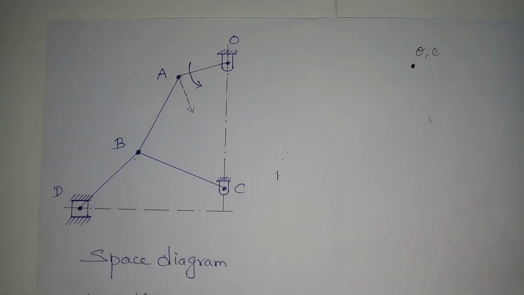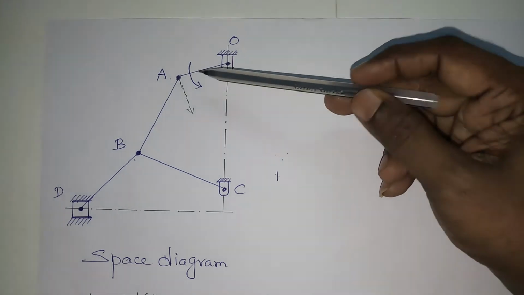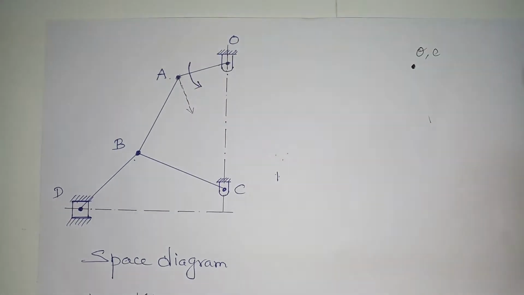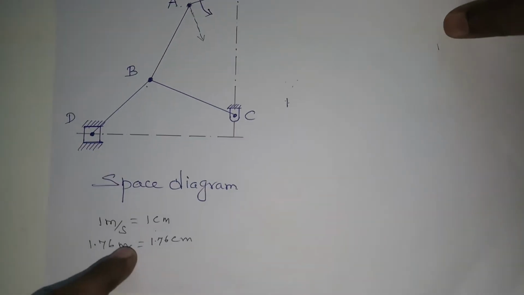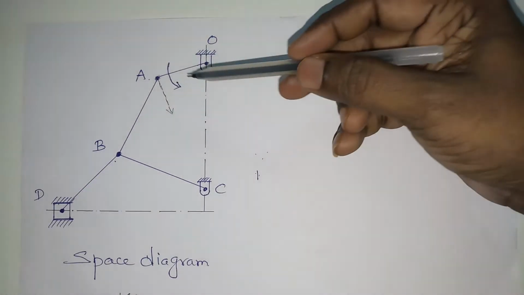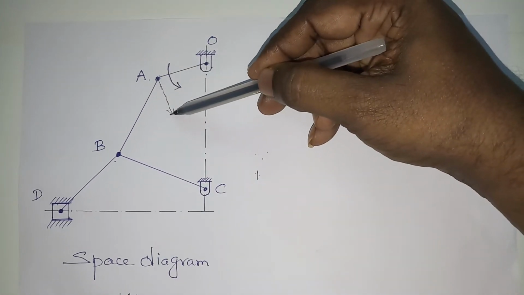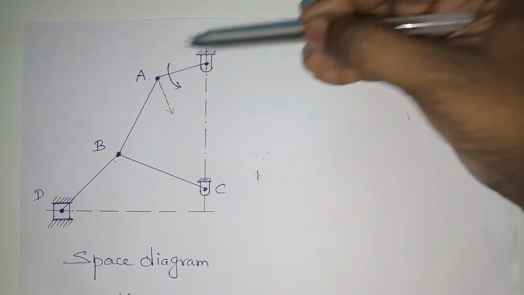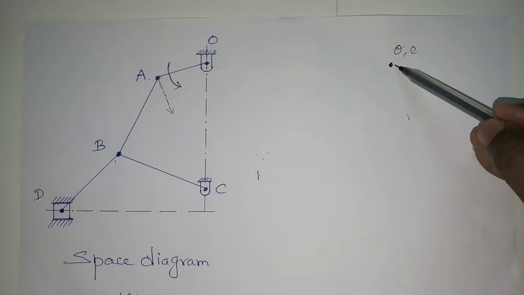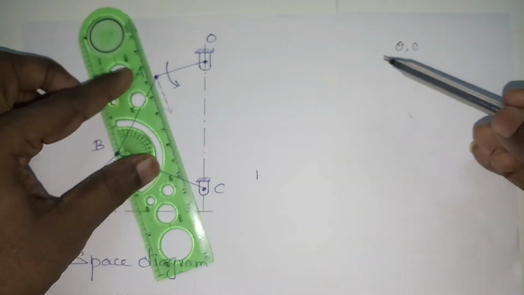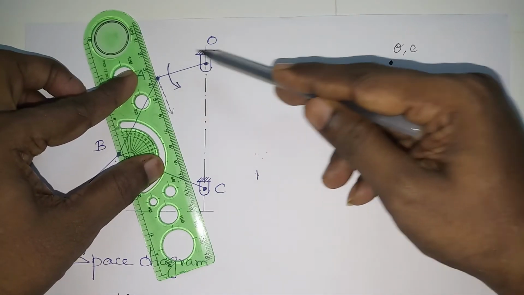Now we will take the velocity of point A. We already found the velocity as 1.76 centimeter. With respect to point O, my velocity will be acting downwards. Already I have fixed the point O here. Now place your ruler perpendicular to this link.